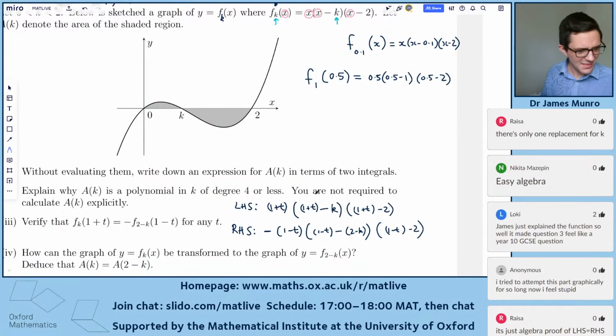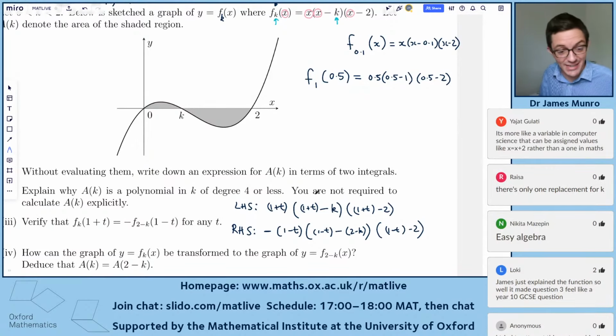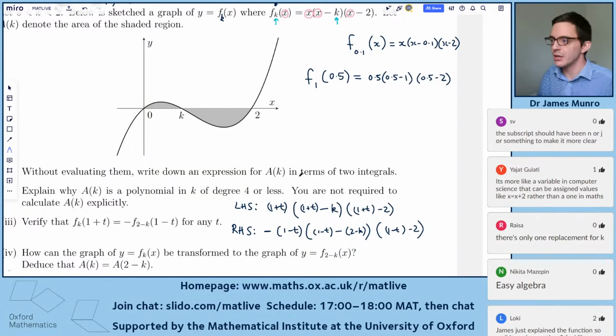Okay, yeah, the computer scientists, thanks for hanging out, computer scientists. This sort of variable replacement, the comment in chat, Yajit has said, this is a little bit like something in computer science where you're writing code to change variables or not. Cool. Yeah, and SV's got a great suggestion.